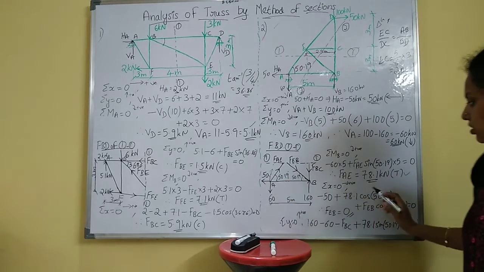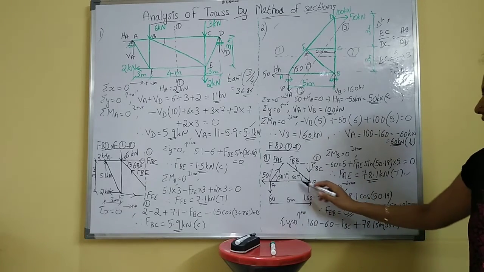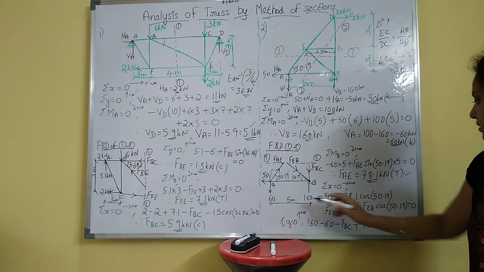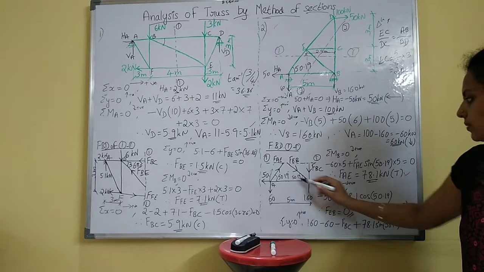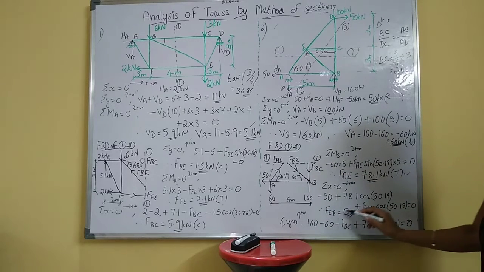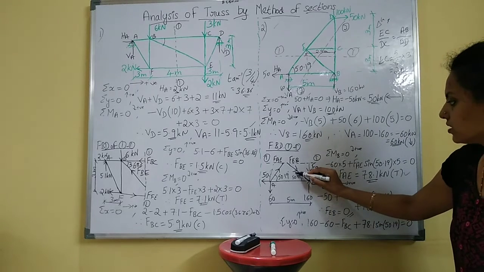Consider summation Fx equal to 0, towards right as positive: minus 50 plus 78.1 into cos of 50.19, plus FEB cos of 50.19 equal to 0. While solving, you get FEB as 0.